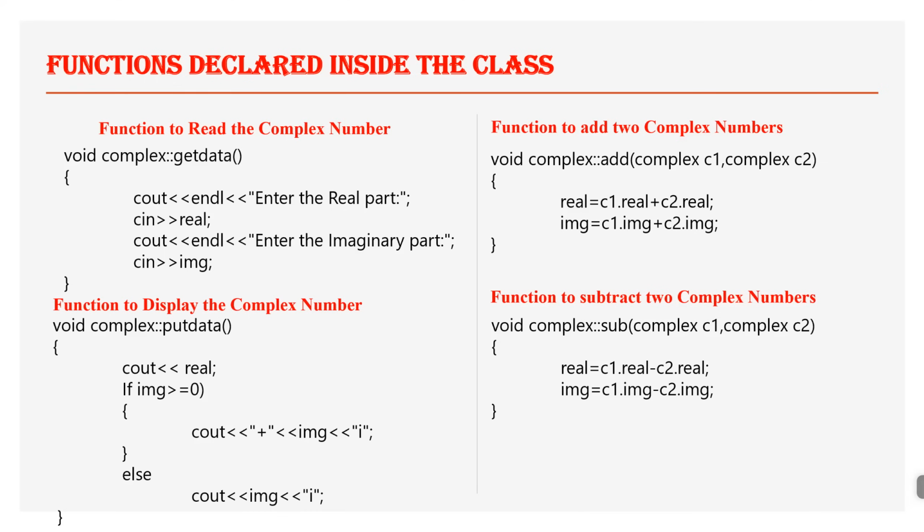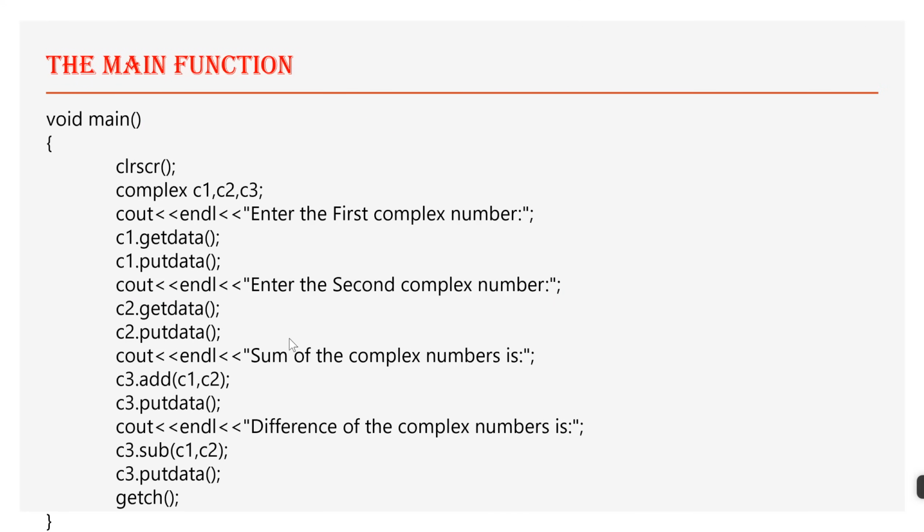It may be whatever complex number you have read, or it may be the resultant after adding or after subtracting. So whatever complex number you have, this particular function is going to display it in the complex format only, that is the a plus bi format. Now let us go to the main program.